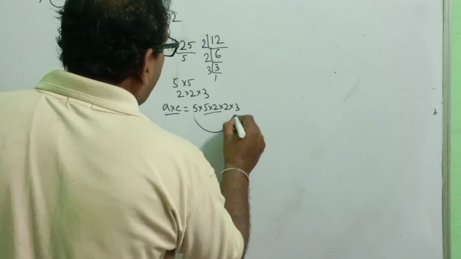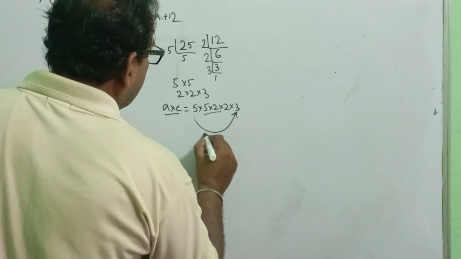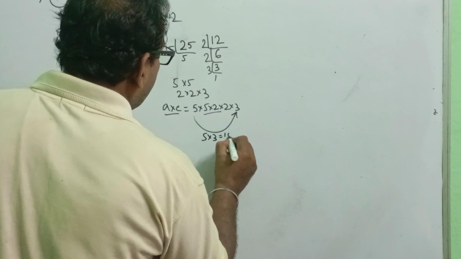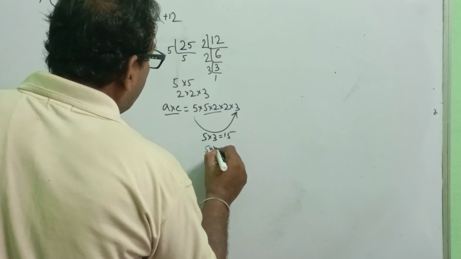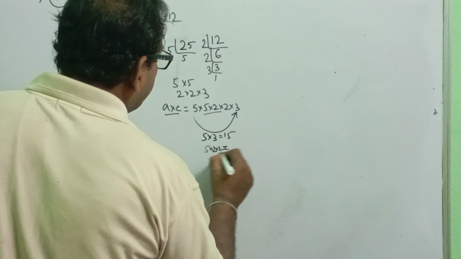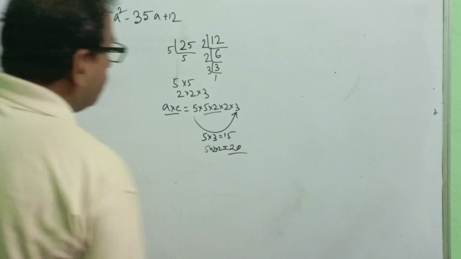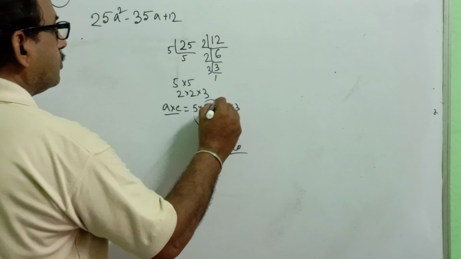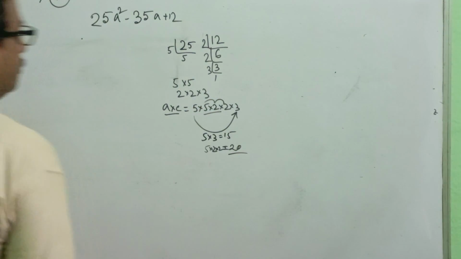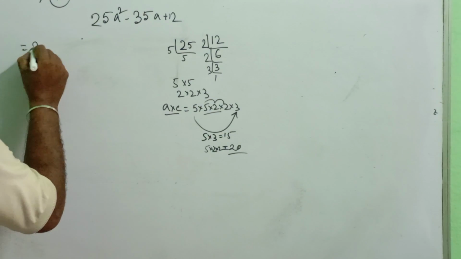That is 5 into 3 is equal to 15. And 5 into 2 into 2, this is 20. So how can we write that?